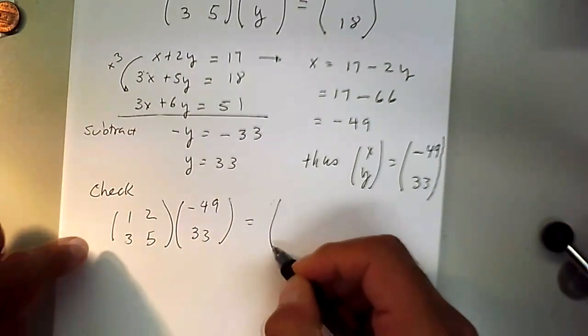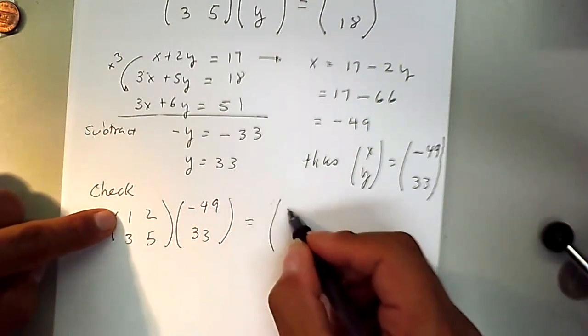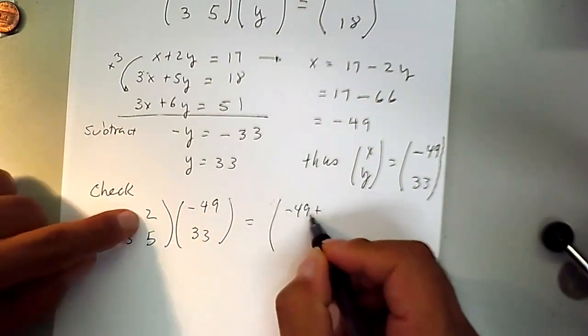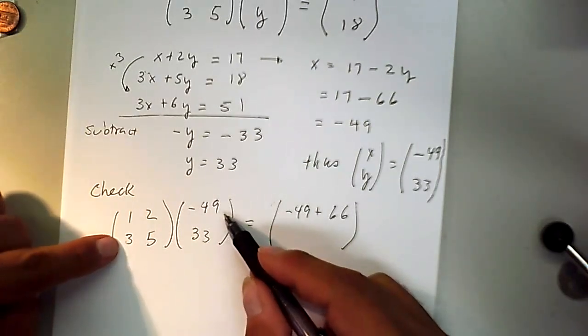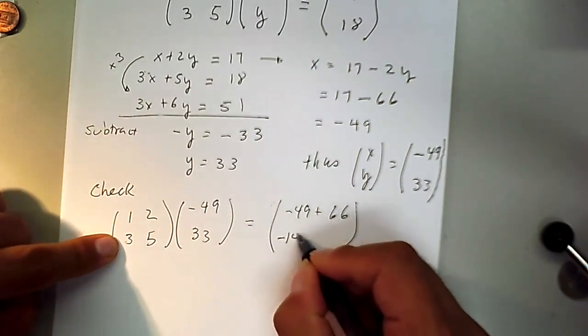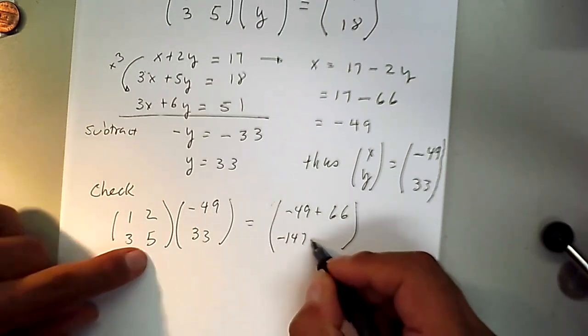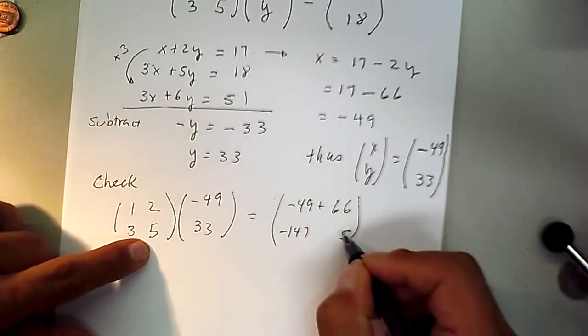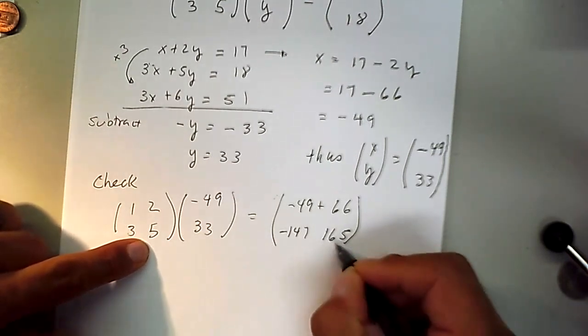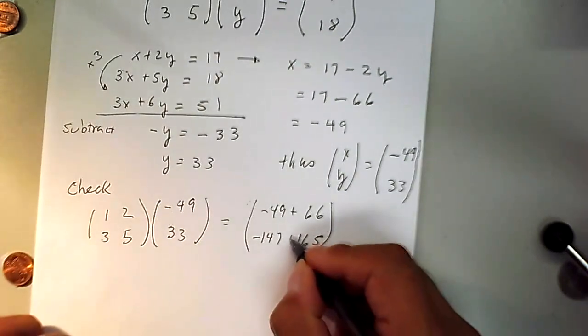Well, let's see. That's going to be negative 49 plus 66, and then negative 147 plus 165. And we're going to add that.